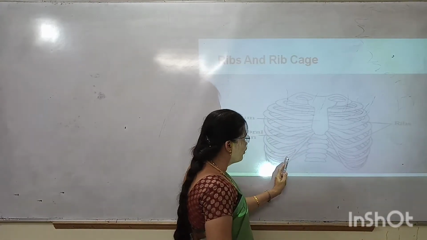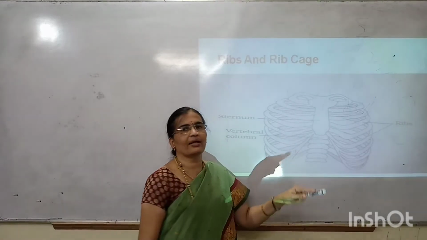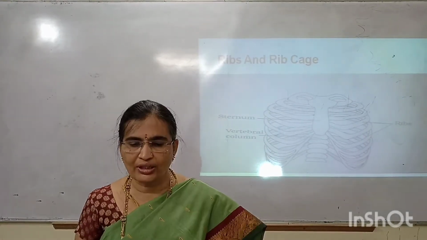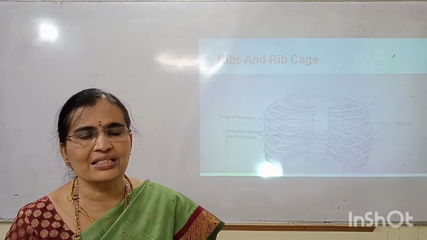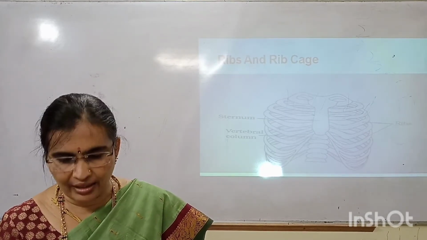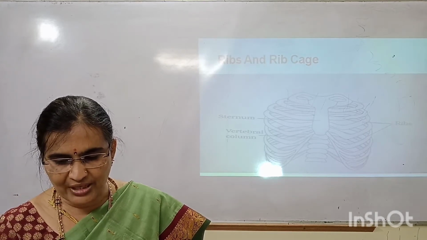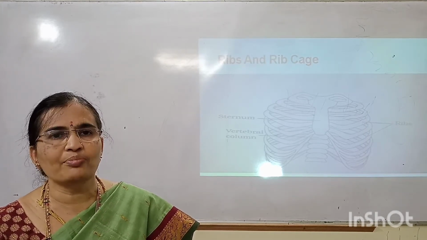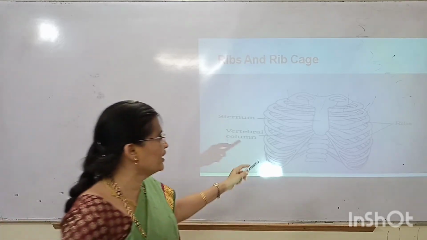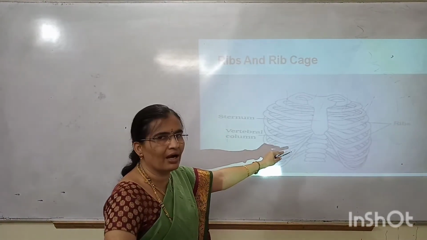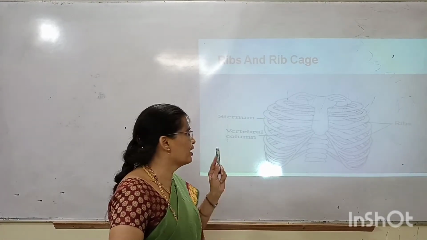So, the 8th, 9th and 10th are attaching to the 7th rib. That is why these are called false ribs. Here cartilage is present for the attachment. That is why they are called vertebrochondral ribs.